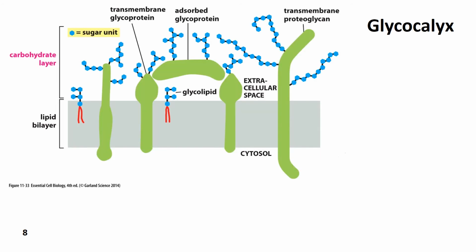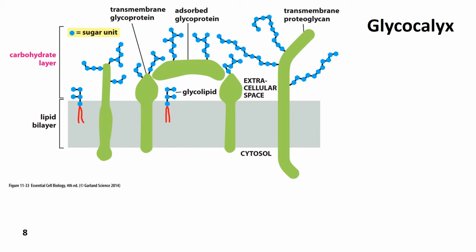Finally, I'd like to reiterate a bit of information about membrane carbohydrates, both the location and the function of this very important membrane component. Recall that membrane carbohydrates are localized to the extracellular leaflet of the plasma membrane to create what I like to refer to as a sugar coat on the surface of all cells.